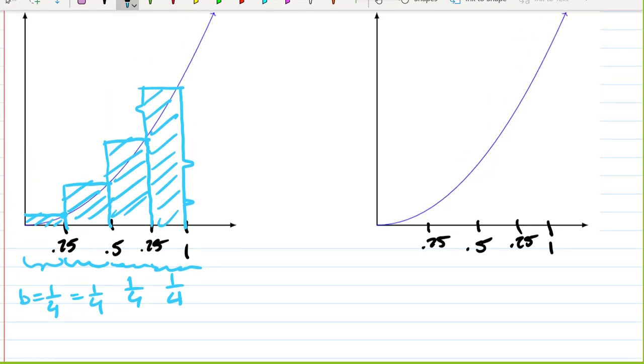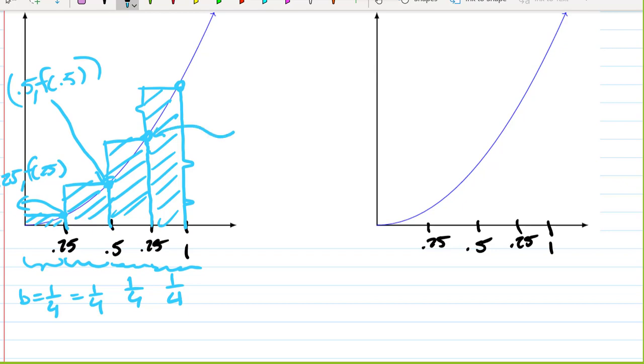Then each of these is going to represent the height of each of these rectangles. So the height for this first point is going to be 0.25 and f of 0.25. Then this one, my input was 0.5, is going to be 0.5 and f of 0.5.